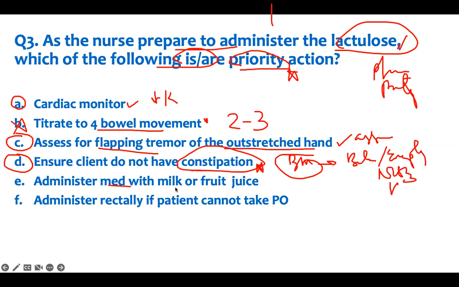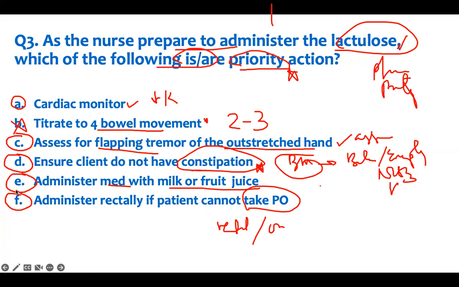Administer the medication with milk or fruit juice. Yes, it tastes bad, but you can give it to them with milk or fruit juice, or on an empty stomach. So that's good. Administer rectally if the patient cannot take a pill. Yeah, there's a rectal form, and there's an oral form, so you can give it to them in the oral form.